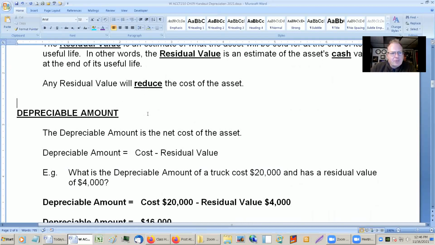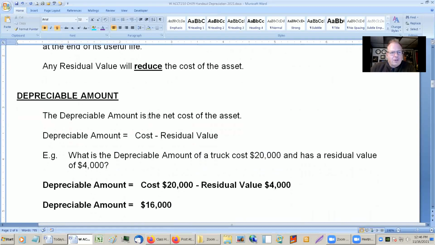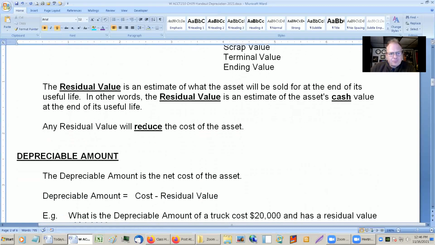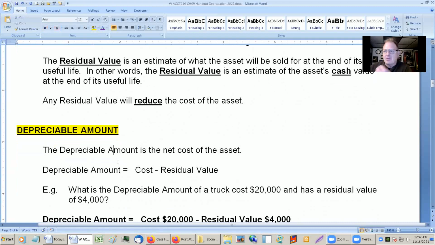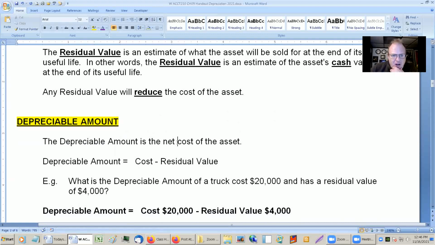Yeah, we'll go down here to the depreciable amount. Okay, depreciable amount. This is the amount they're going to depreciate. Sounds like an obnoxious thing someone would say to you. What's the depreciable amount? It's the depreciable amount. But it's the amount that we're going to depreciate on the item. And it's the net cost of the item.